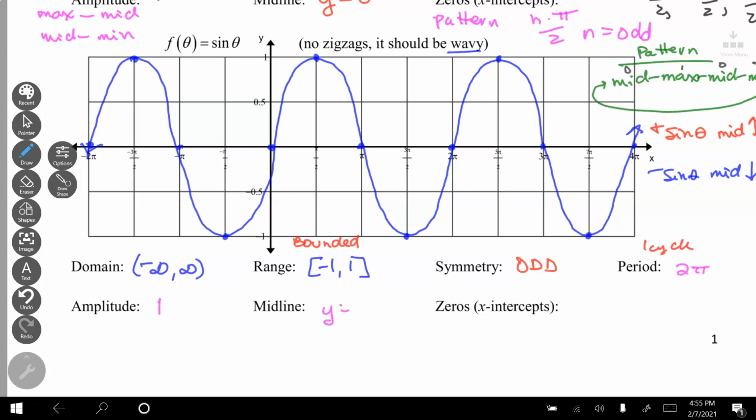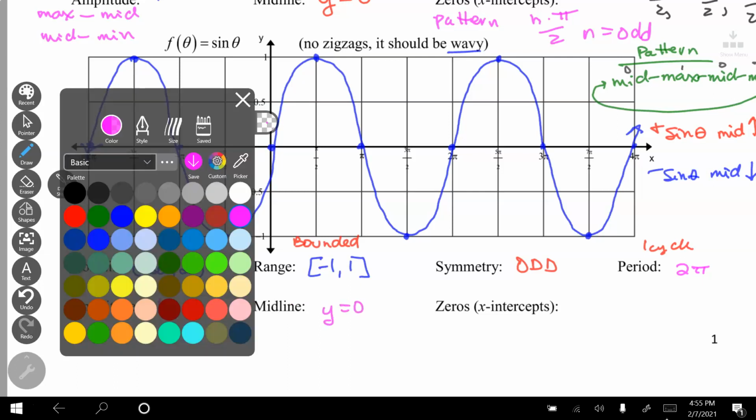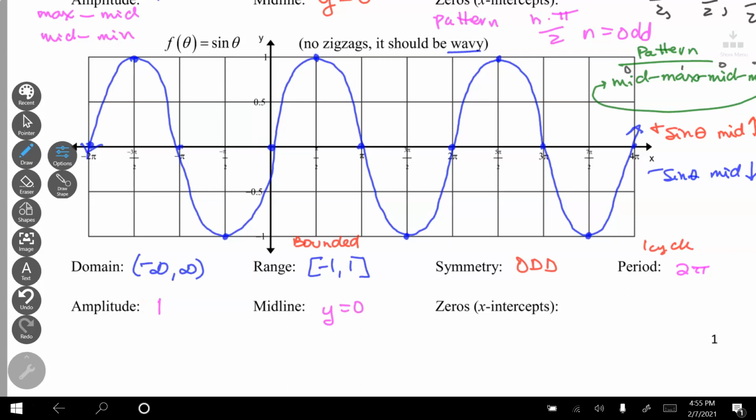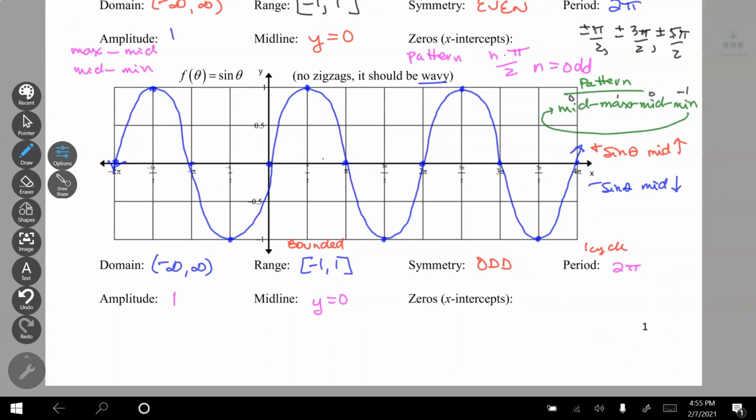The midline is y equals 0. That hasn't changed. But now I have to look at these x-intercepts. And these x-intercepts I see here are 0 and pi and 2 pi. So one way to look at it is just n times pi.